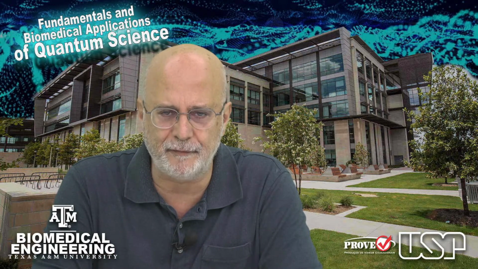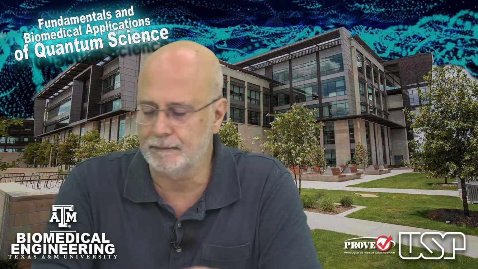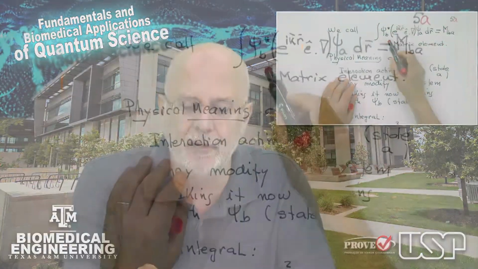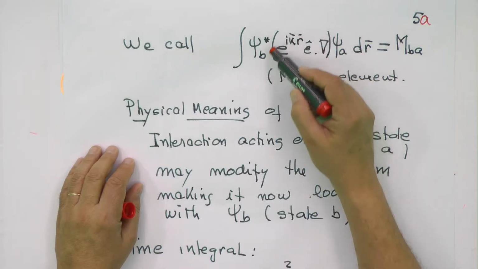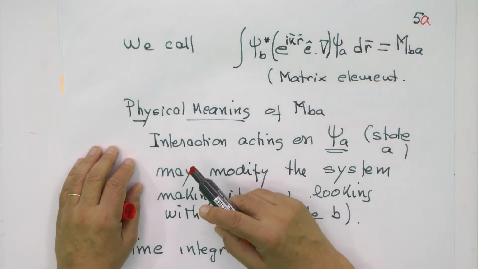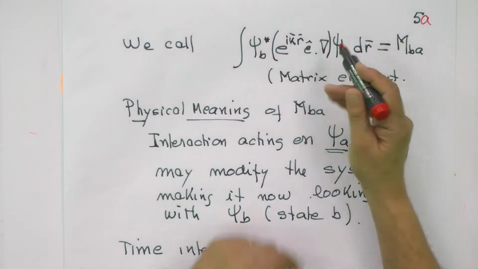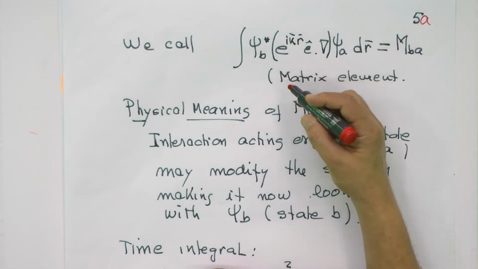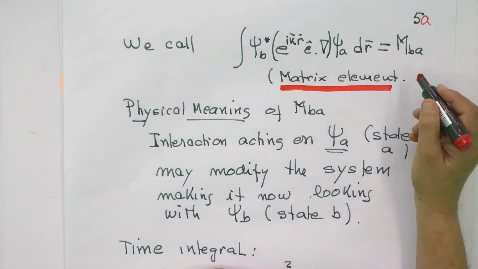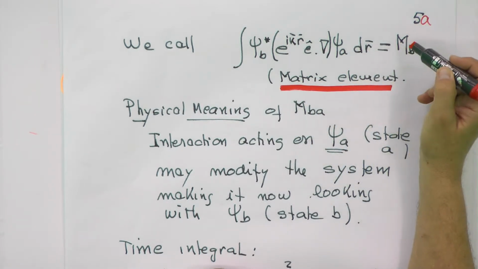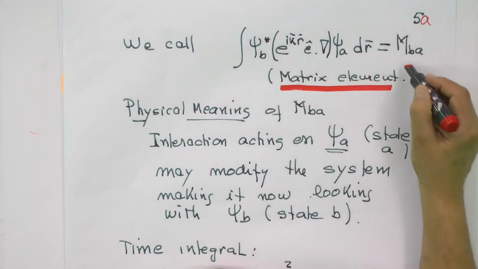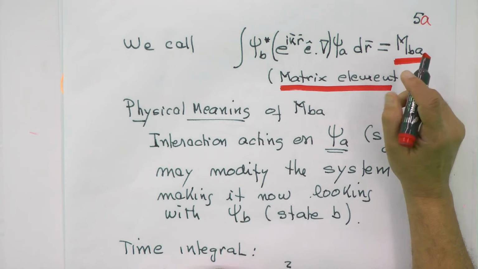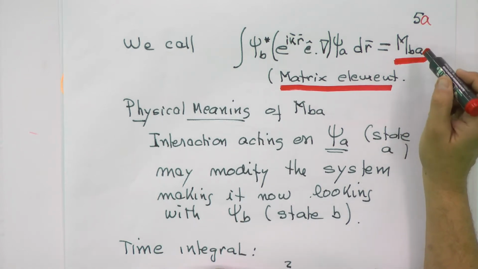I will start with that first element that I told you is essential. The first element we have is the integral of B, the interaction, and A. This integral is a sandwich, and this is called the matrix element for the connection between the state A and B. If this is not zero, we're going to call this integral M_BA.